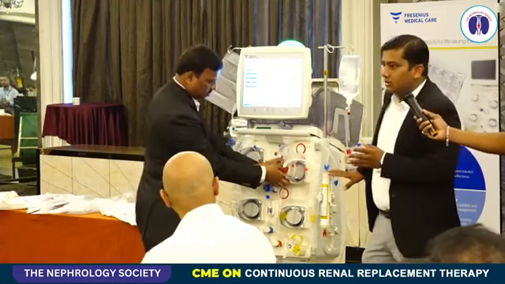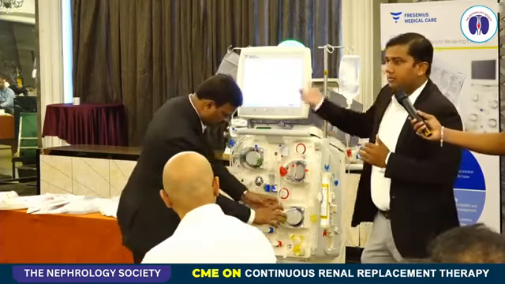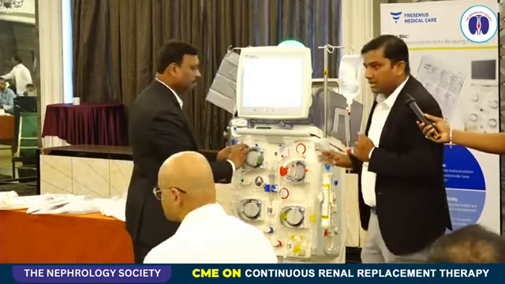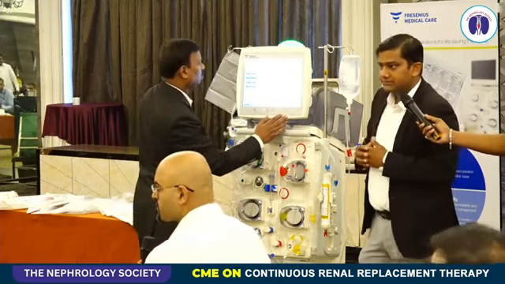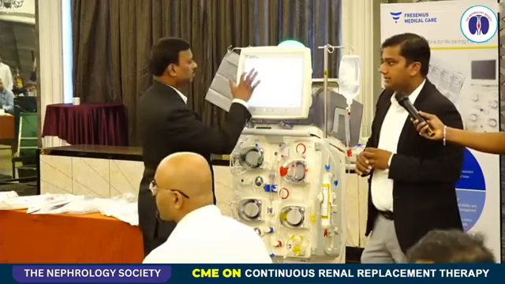So we never denote these filters in terms of flux, but though these are high flux filters, they are even more than that. These are ultra flux filters. And the membrane is polysulfone. Filters are generally high flux filters. We use high flux filters only.